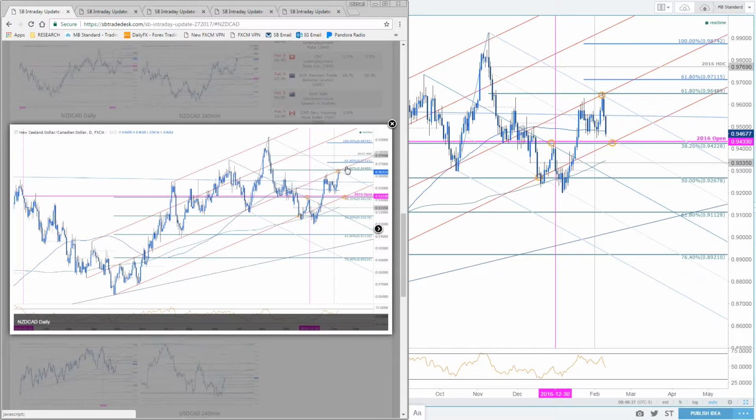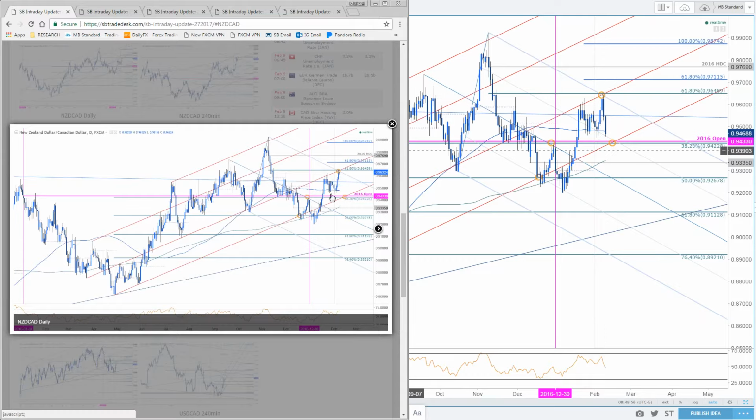Confluence resistance, 618 retracement, really nice slope resistance, support, resistance. Nice confluence region, add to that downslope resistance.